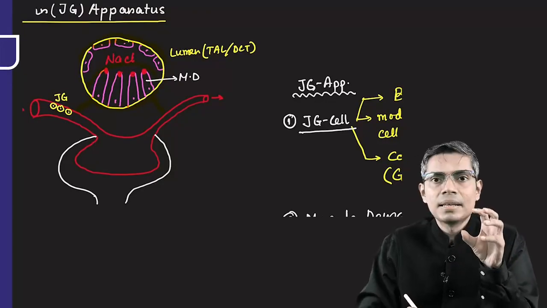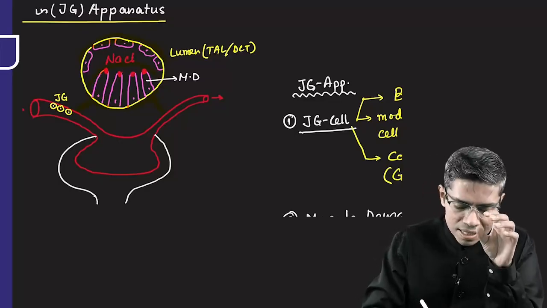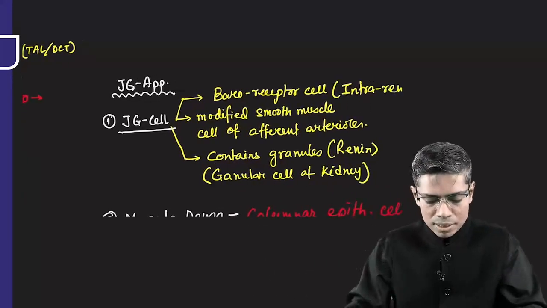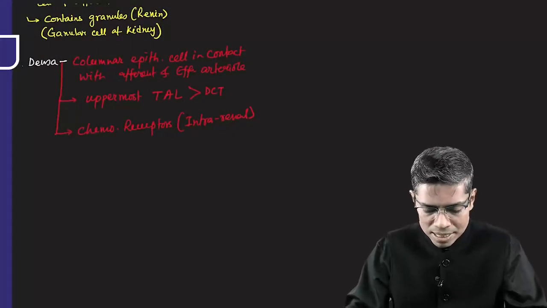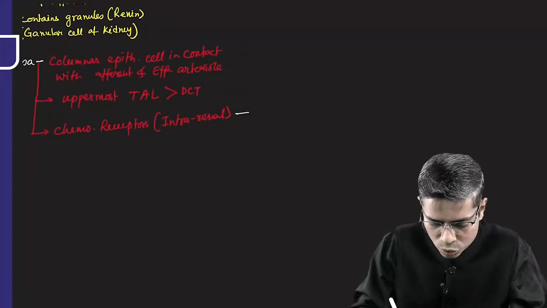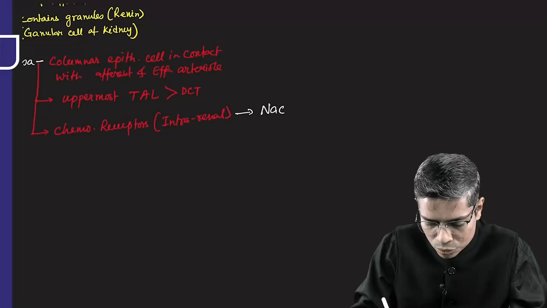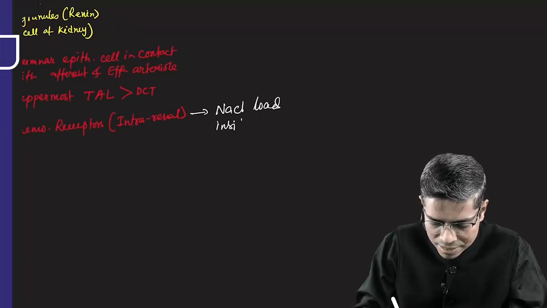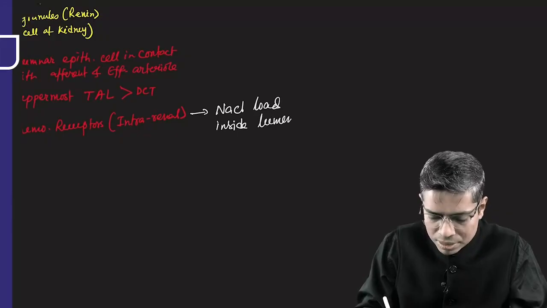So which chemical can be sensed by the macula densa cell? Increased NaCl load at the tubular lumen. I am writing here that the macula densa cells sense sodium chloride load inside the lumen of the tubule.